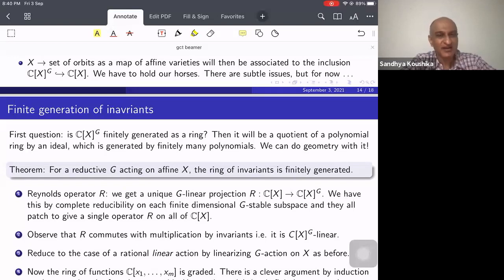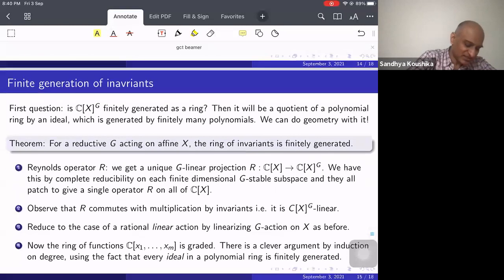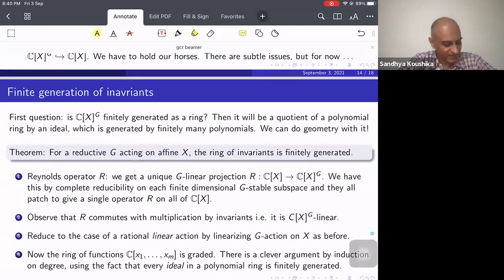So you get started over there, and then you use a bootstrapping argument using Hilbert's earlier theorem that every ideal in a polynomial ring is finitely generated. So this is a finite generation of ideals. So using these ingredients and a very nice but very simple argument, you can reduce finite generation inductively on the degree and complete the argument.